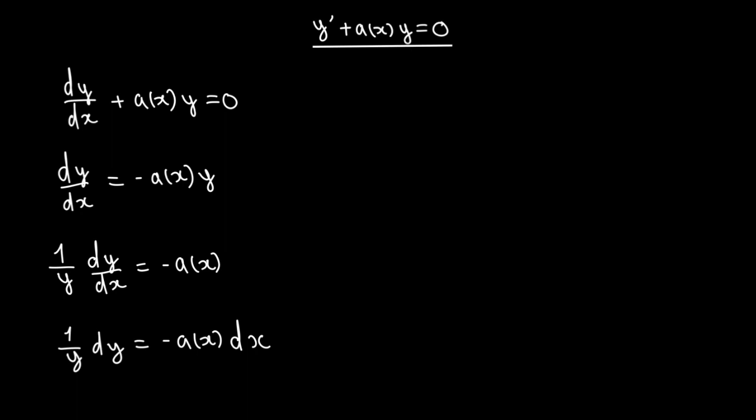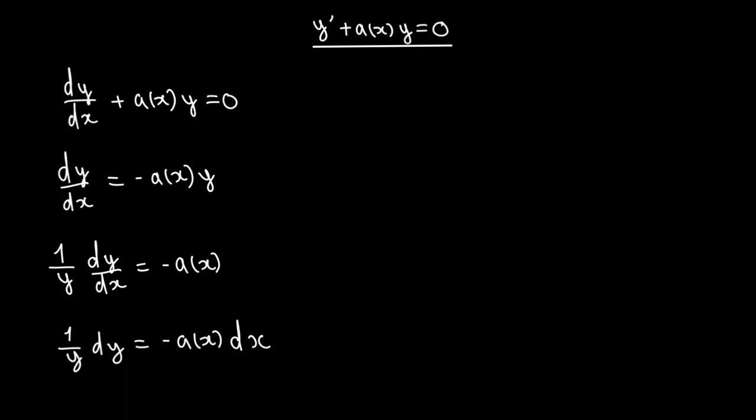And now what we can do is integrate on both sides. And so the reason why I changed the prime notation with the dy dx is to understand what variables we will be integrating here. And one crucial element to note is that we can perfectly separate the dx and the dy's here. Loosely speaking, you have to see the dy's and the dx's as little increments.